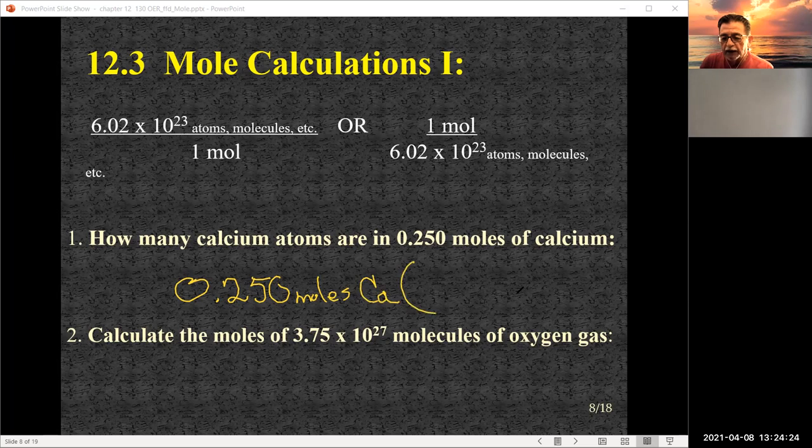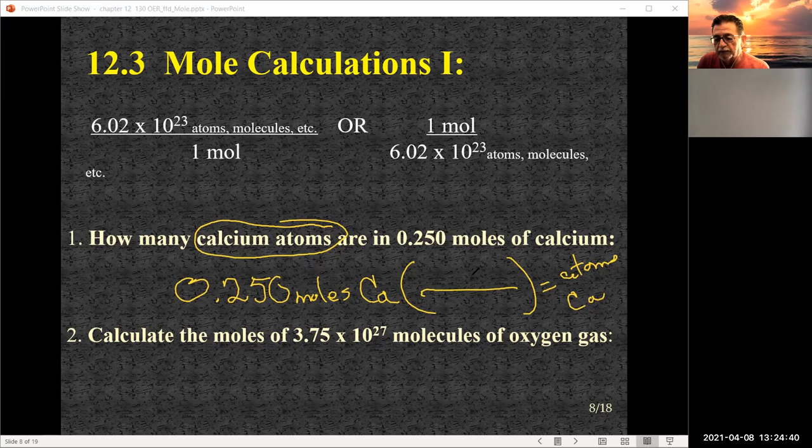Okay, and obviously I'm going to have a conversion factor here. But then I look at my units that I'm looking for. I'm looking for atoms, unit-wise, with calcium. Okay, what does that mean? That means that I'm going to have atoms in the numerator, and obviously I need moles in the denominator.